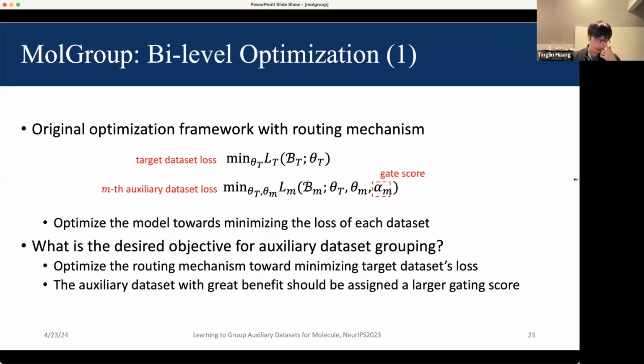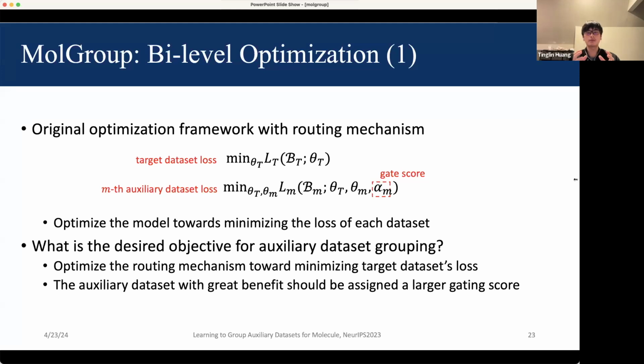But there is one problem regarding the optimization, because the original optimization framework only optimized the model towards minimizing the loss of each data set. But what we want is to optimize the routing mechanism towards minimizing the target data set's loss.